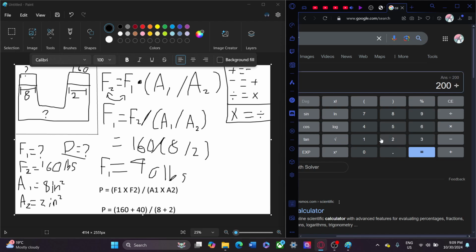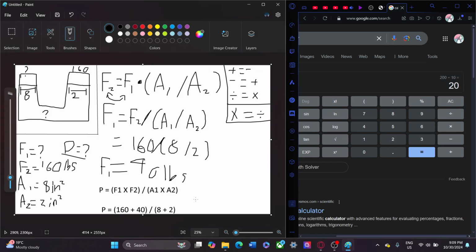Divide that by 10, pressure's 20. P equals 20 PSI. Boom. See, that's what you got to do.